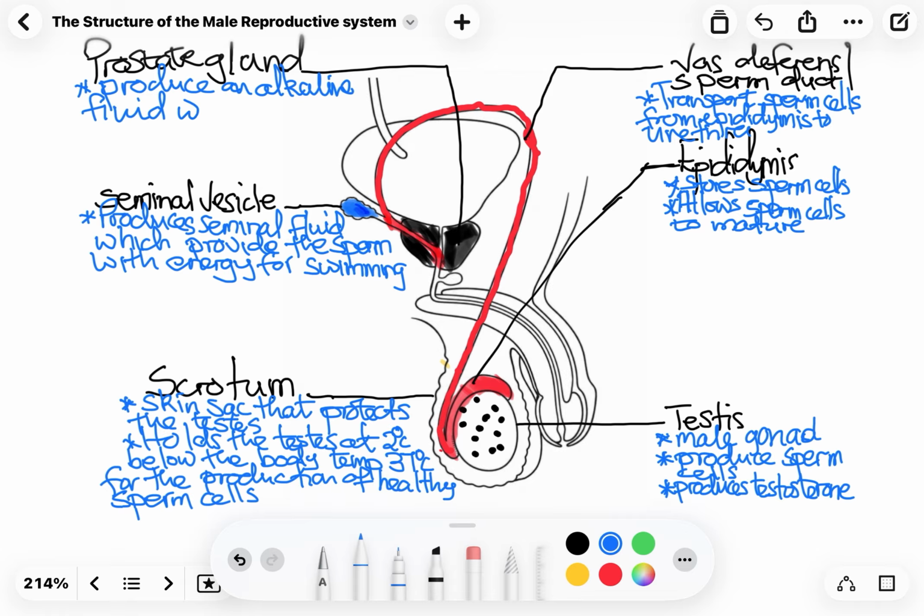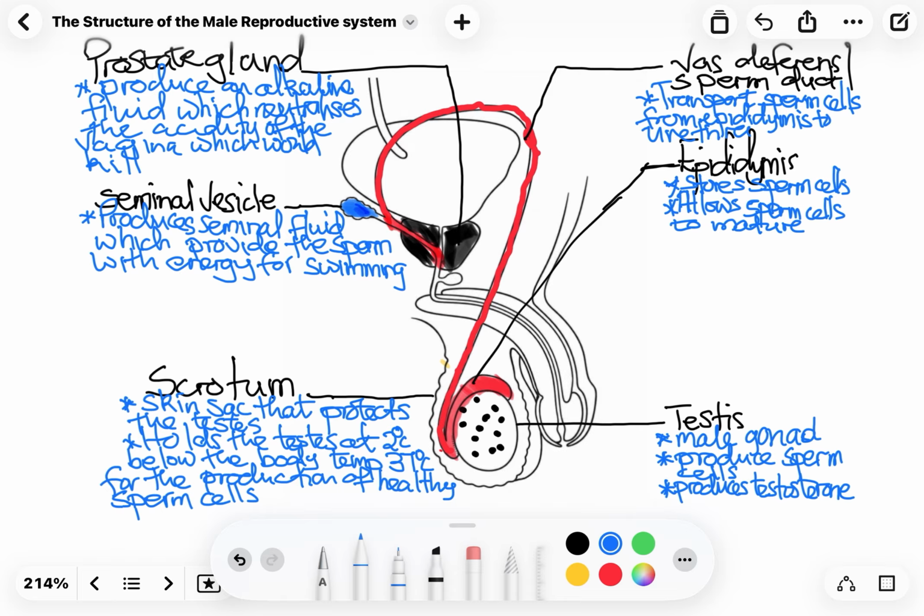An alkaline fluid which neutralizes the acidity of the vagina, which would kill our sperm.